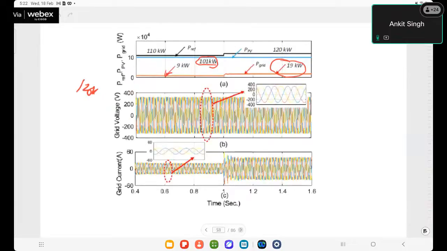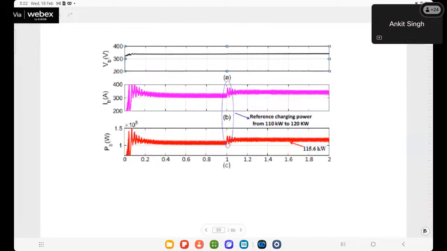We can see this is not a low frequency ripple, this is a high frequency ripple. So there is no low frequency ripple in this particular configuration, even though it is a single stage system, in the case of three phase.